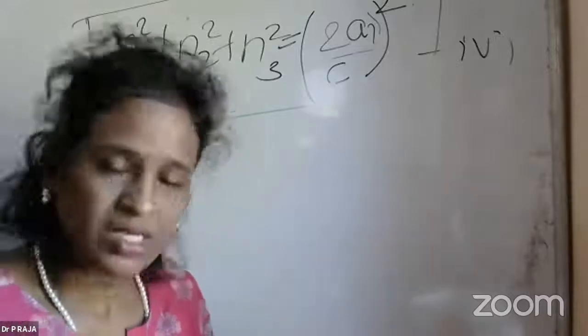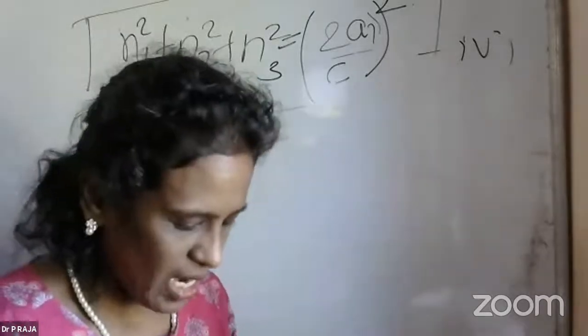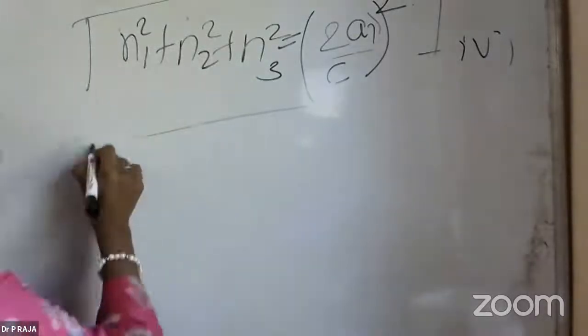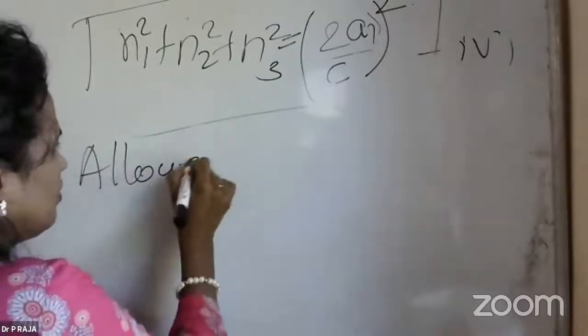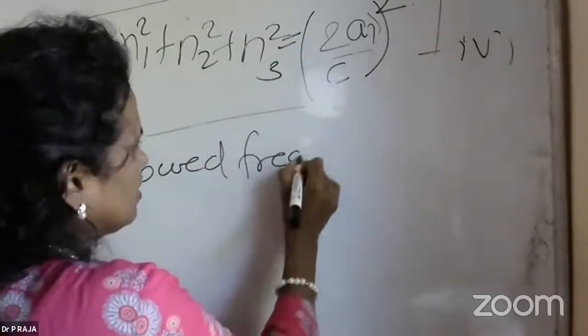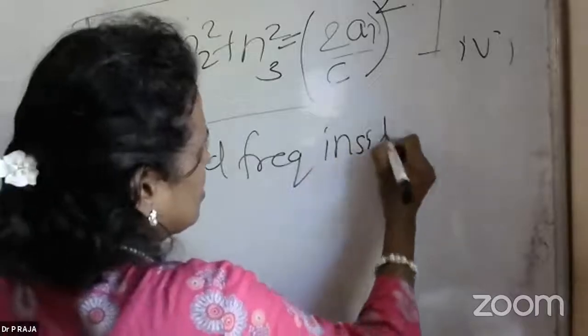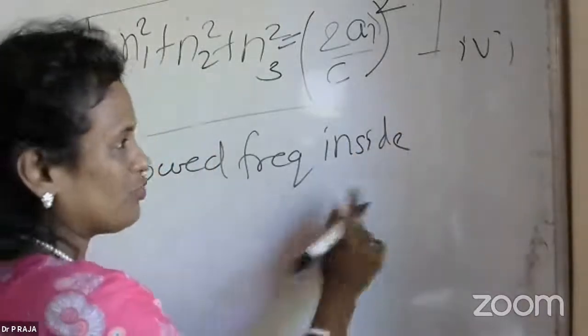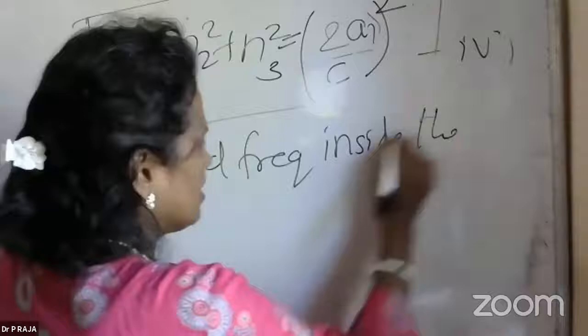Now this equation will give you the allowed frequency of the black body wave traveling inside the cube.